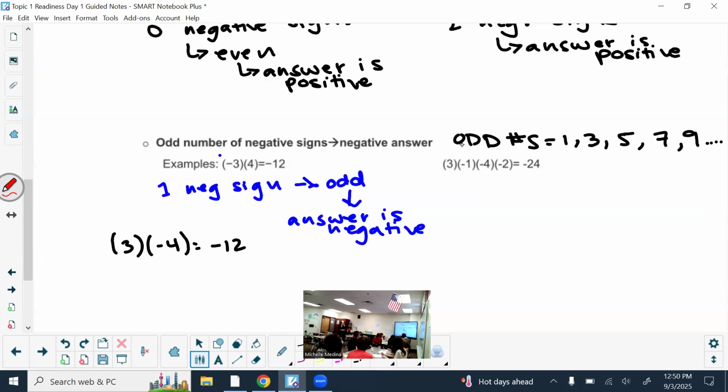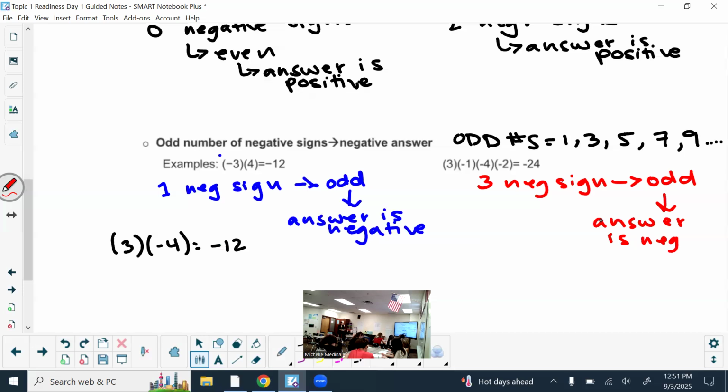Count how many negative signs there are. So Kaylee, how many negative signs are in this problem? There's 3 negative signs. That's an odd amount. The answer is going to be negative. And you can do the multiplication almost ignoring all the negatives and then just count them at the end.